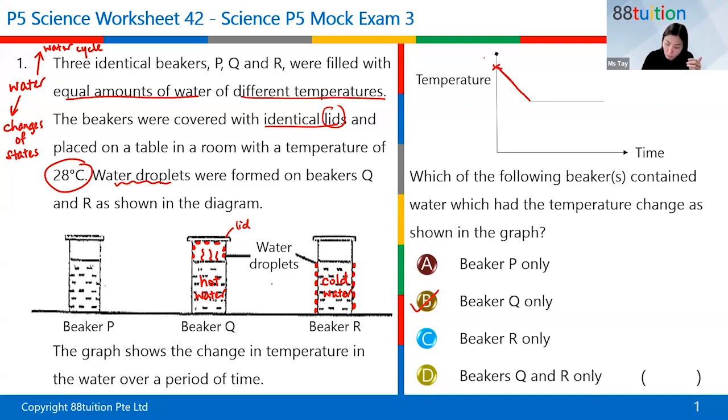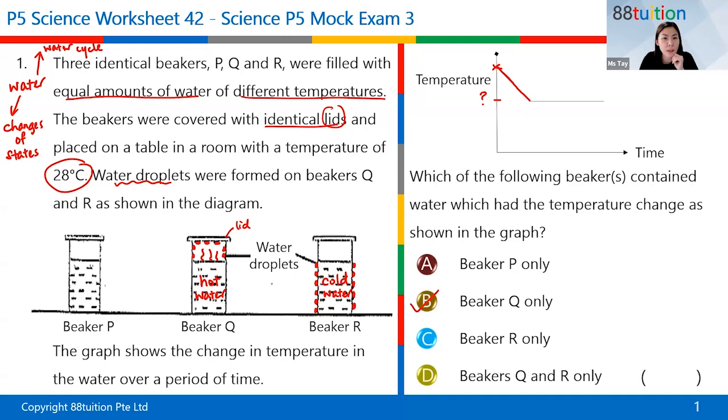Why beaker Q? Beaker Q is hot water, so it's hotter than usual. It will cool down. Now, I want someone to tell me what is this temperature? Can you all guess? Wait, turn on your camera. The rest of you also turn on the camera. Very good, Joanne. Thank you.